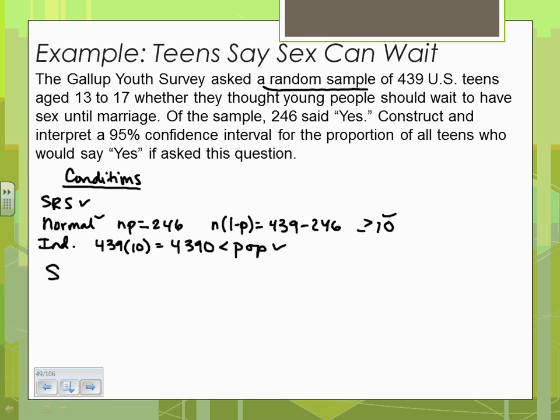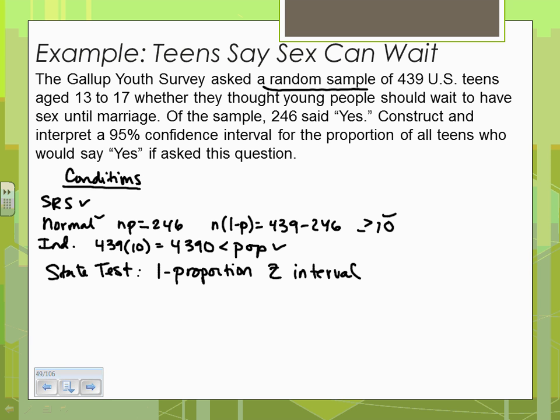Let's state what test we are using. I think I went backwards in my 4-step process. Sorry. All right, so what test are we going to use? We're going to do a 1 proportion z interval. And now let's go find that interval.